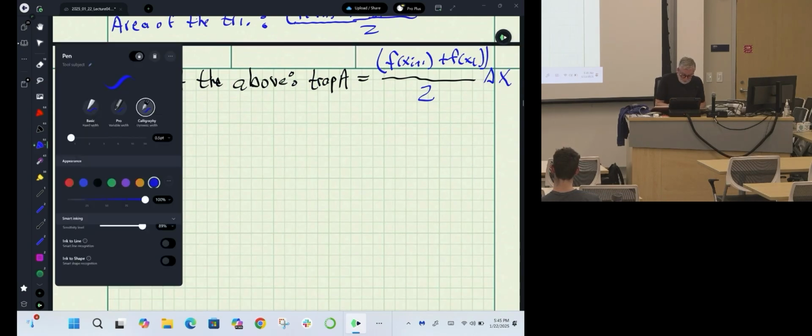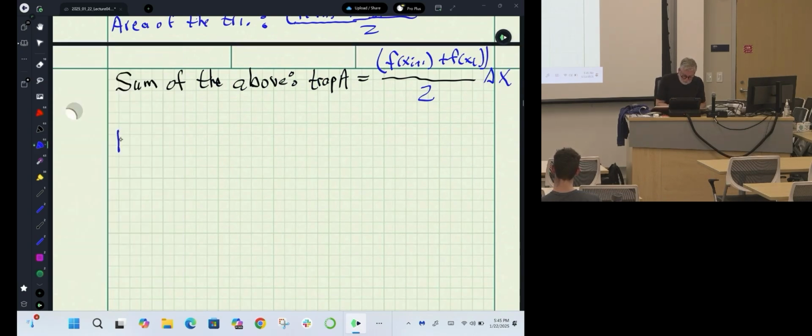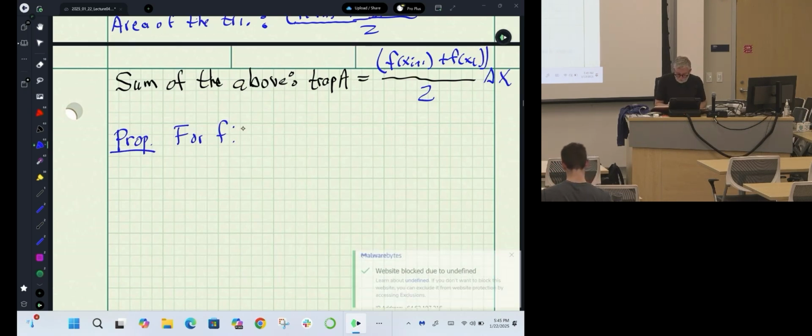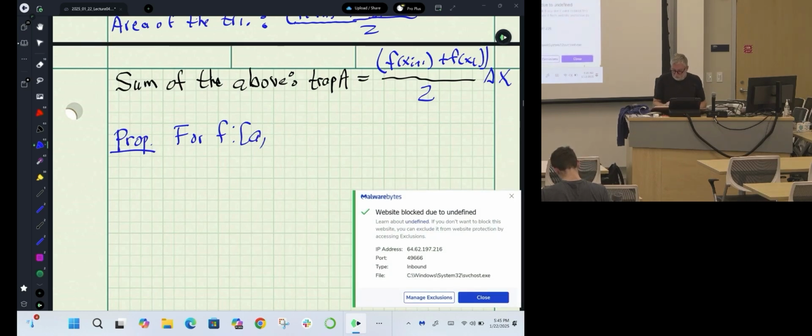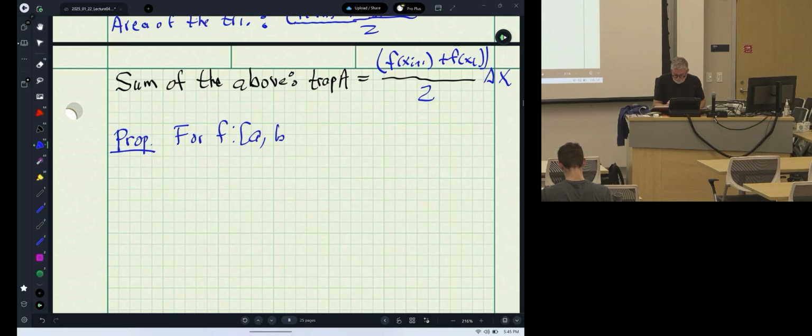Okay, so here's the main result on the trapezoidal method.